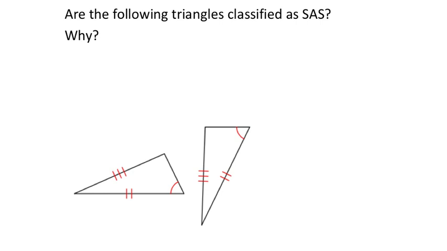Side, angle, side. No, this one would not be side, angle, side, and here's why. So they're showing a side and then an angle, then a side. But remember, what has happened is it skipped 2 parts of the triangle, meaning it skipped this angle right here, and then it skipped this side right there in order to make this a side angle side relationship.